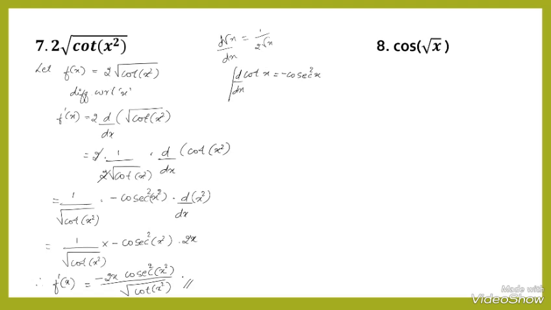This is the solution. Differentiation of 2 into root of cot x square is equal to minus 2x cosec x square divided by root of cot x square.